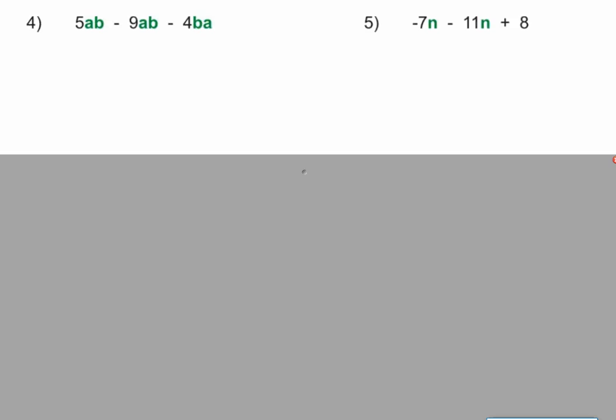All right, so let's keep rolling on. Let's go ahead and try to do 4 and 5 and stop. Don't go past, all right? Just do 4 and 5 and stop. Remember, you're trying to add like terms. You got to do that for number 4. You got to do that for number 5. Add like terms.